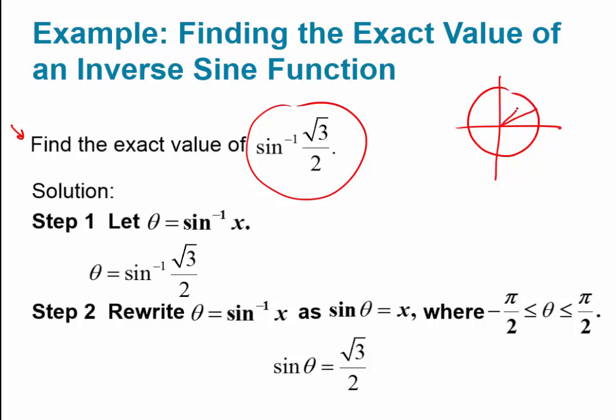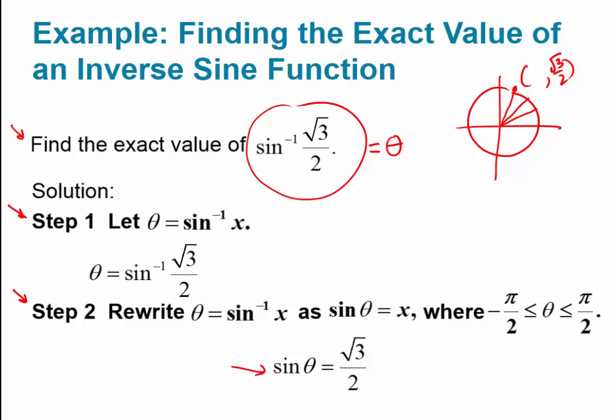So here's my location where my sine is the square root of 3 over 2. And so what this is asking us to find is theta, the angle that we need with the regular sine function that will spit out the square root of 3 over 2.